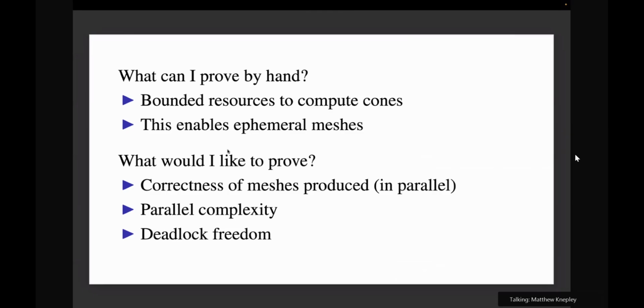So I can prove by hand that bounded resources are necessary to compute any given section of the mesh. What does that mean? If I take some cell, first I have to tell you that in O(1), I can compute the numbering of the new mesh. So I know all of the sizes up front because I can consult the table.